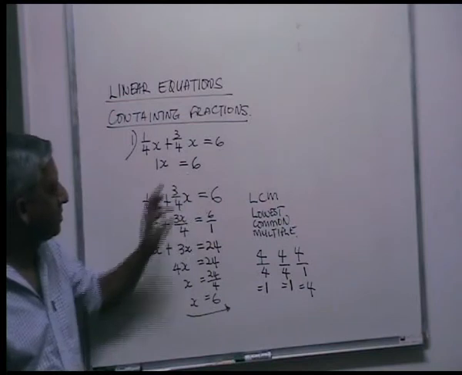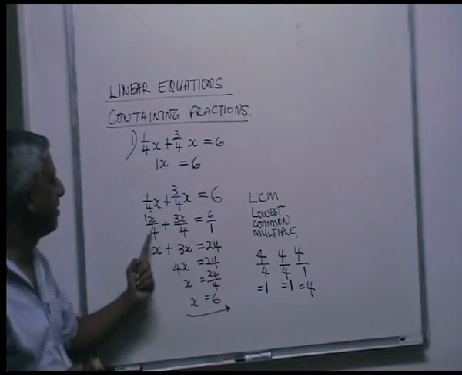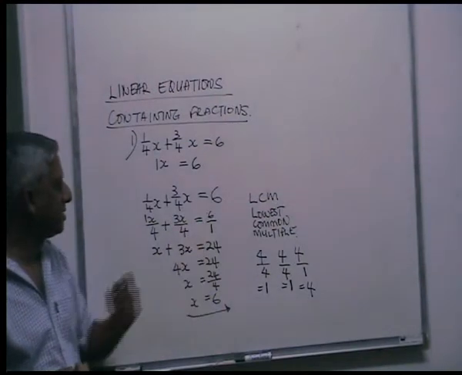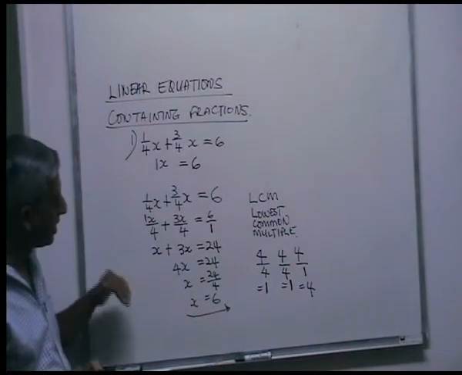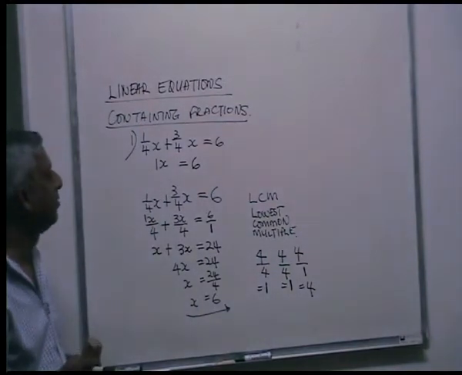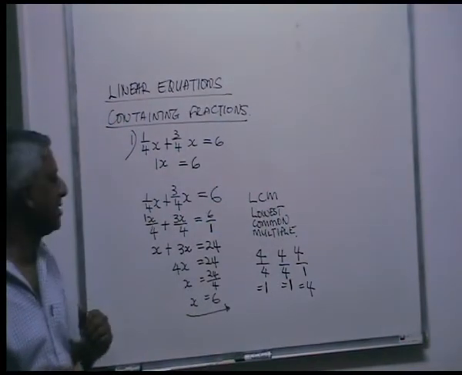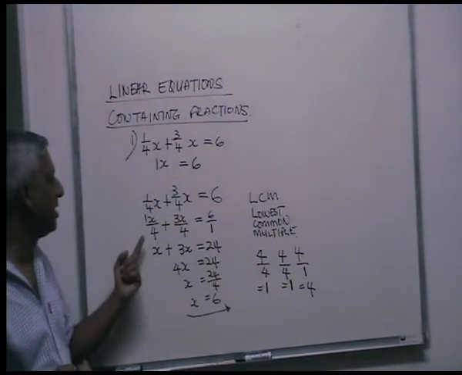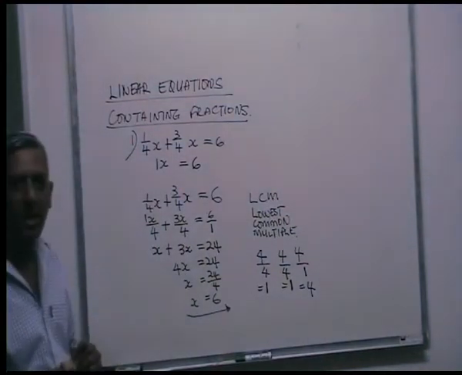If there are 3 numbers, you must write the LCM down 3 times. Then you must divide by the denominators. Then you multiply and you get the answer. Well, as I do another example, you will understand it more. When I'm doing the second example, I'll show you how to find LCM, because here it was very easy. It's 4, 4 and 1, so you knew it was 4, you could do it mentally.